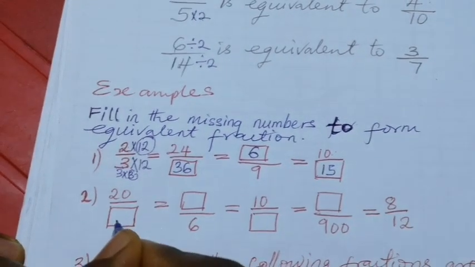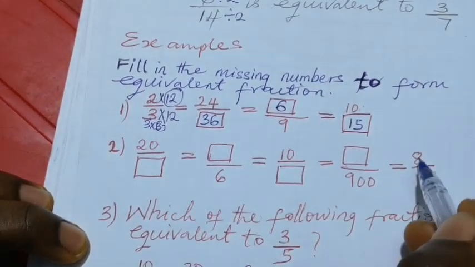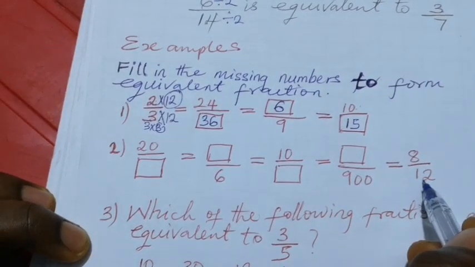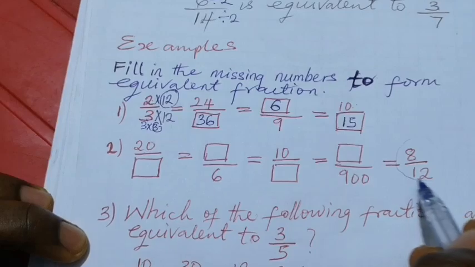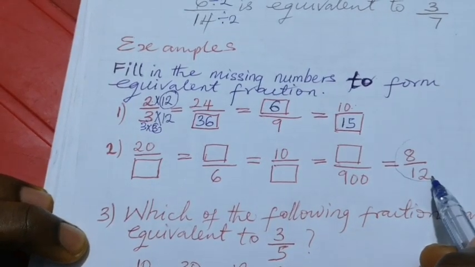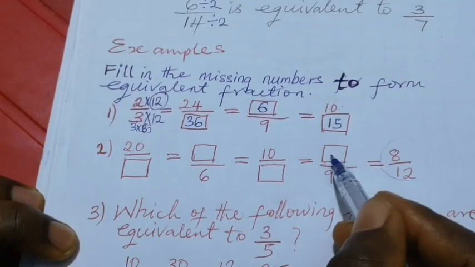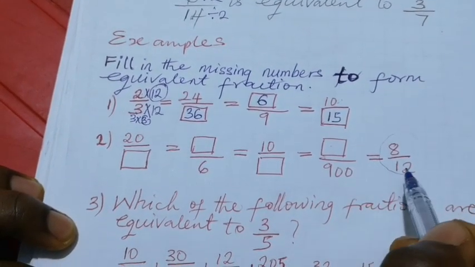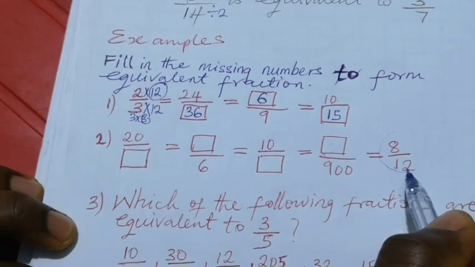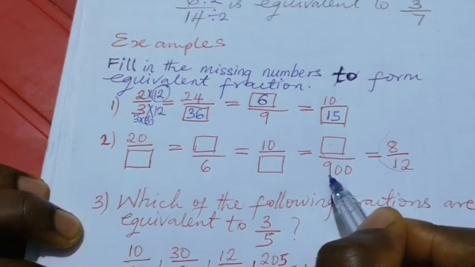Now let's come to this side. Now over here, it is 8 all over 12 that is complete. So I will start everything from here. Now, if I want to find this numerator, I will ask myself, 12 times what will give me 900?